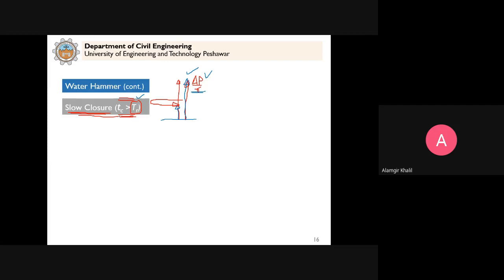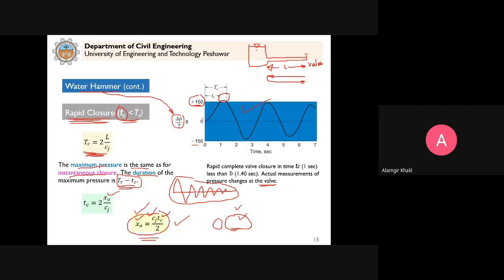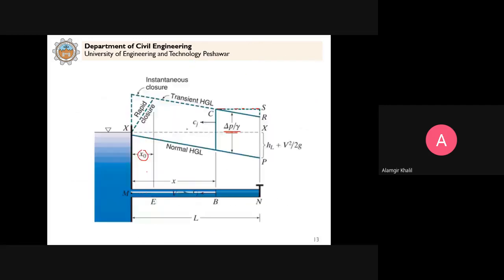But because now the time of closure is more, the pressure tries to increase and reach here. But as it tries to increase, the pressure wave travels, and then the unloading pressure wave comes, and it will not allow the pressure to reach here, but will keep the pressure up to here. This is what happens in this case also.